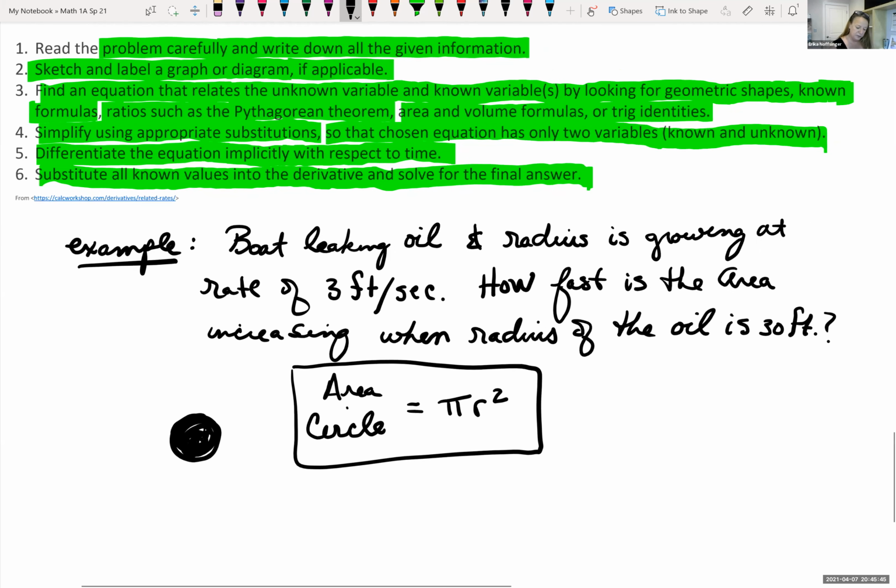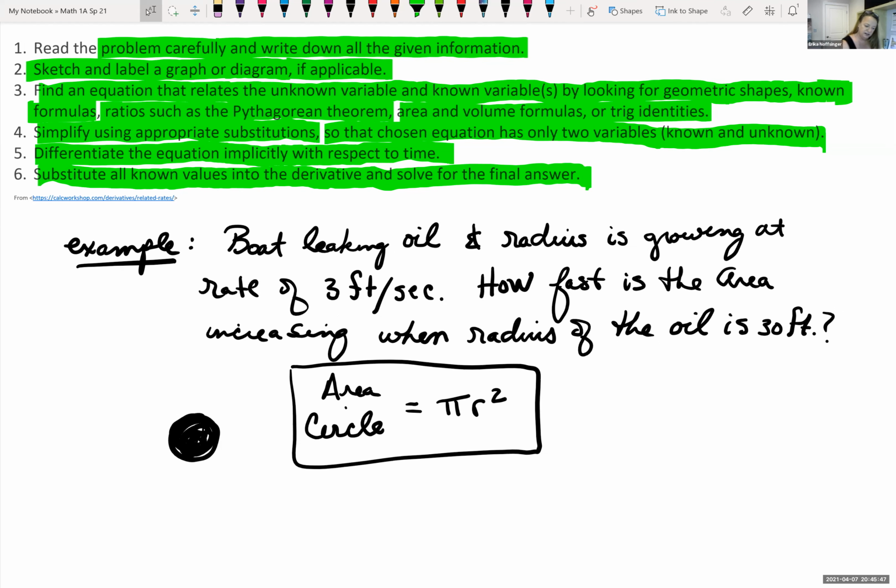We have a bit of information in here. Okay, so we are saying that the radius is growing at a rate. That tells me right there, that's the derivative of 3 feet per second. So I know dr/dt is equal to 3 feet per second.